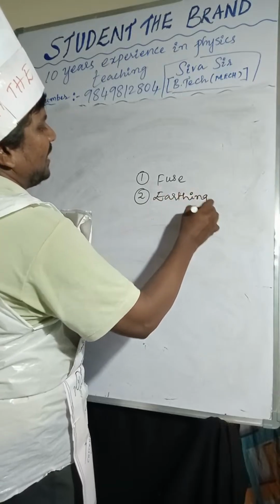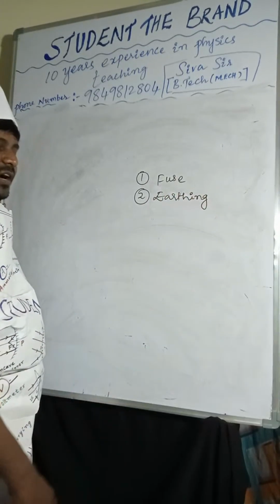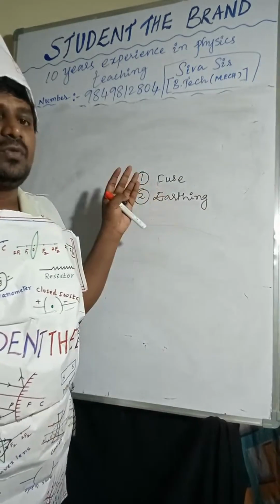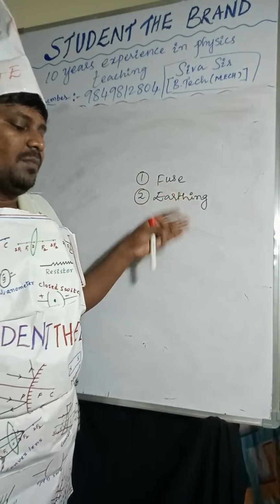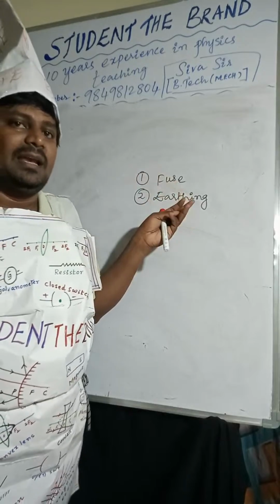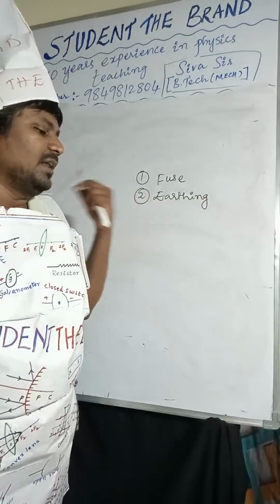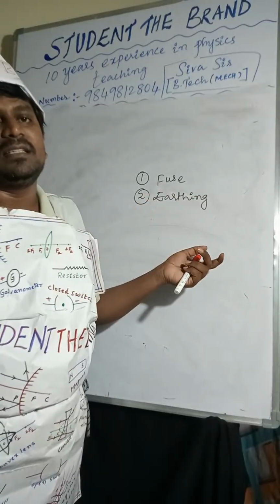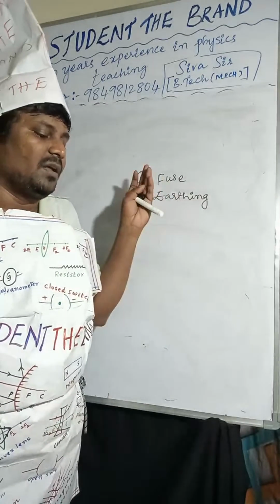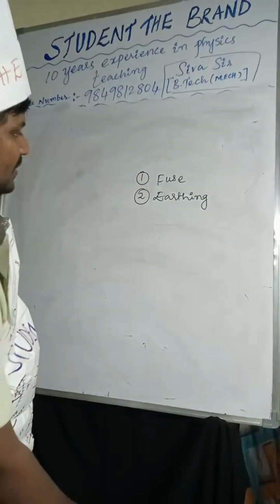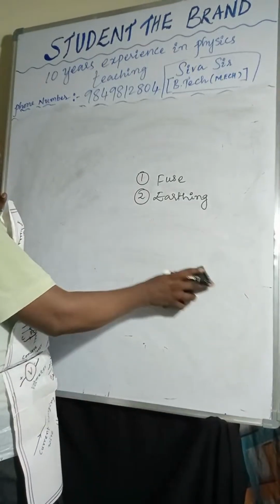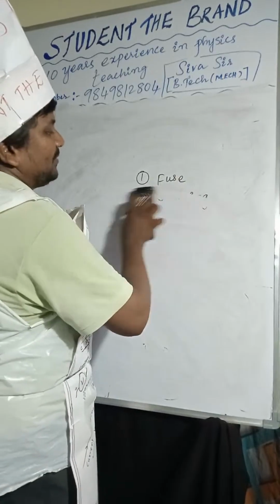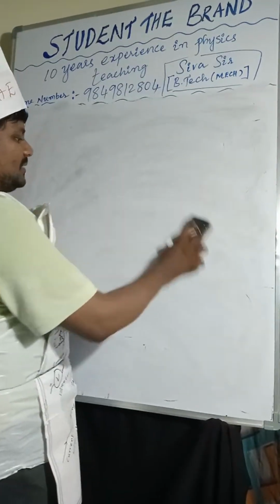When extra current is there in the circuit, it will be sent to the ground. That is earthing. These are the two safety measures we are using in households.